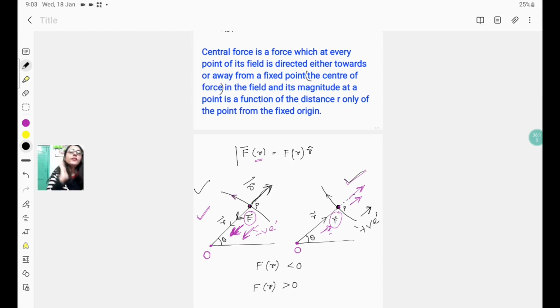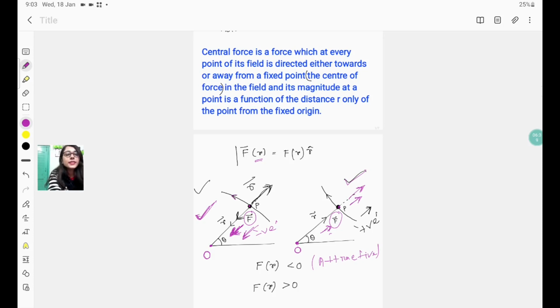Okay, so in the first case, if the force is a function of r and it is less than 0, that is, if the force is negative, this force is always attractive. And what is the example? The first one is the example of an attractive force. Why?